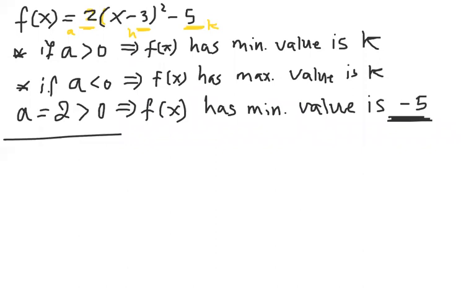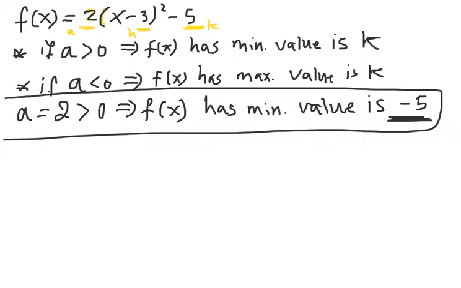So this is the answer for my question. a equals 2 is positive, which means f of x has a minimum value of minus 5. Or I can say the vertex. What's the vertex? I know the vertex is (3, minus 5).